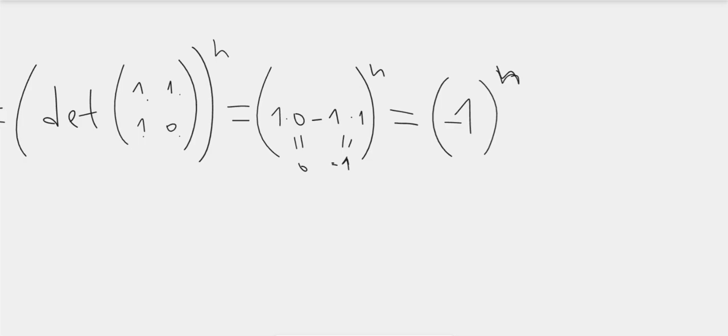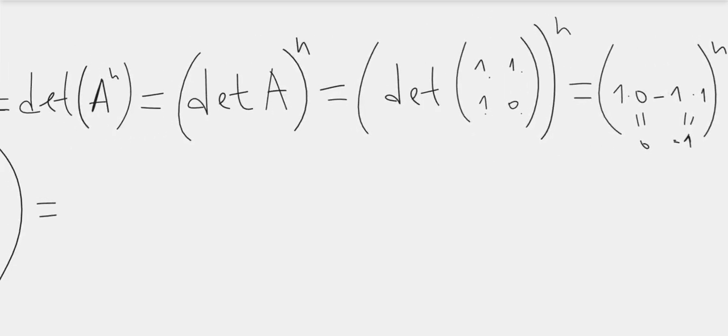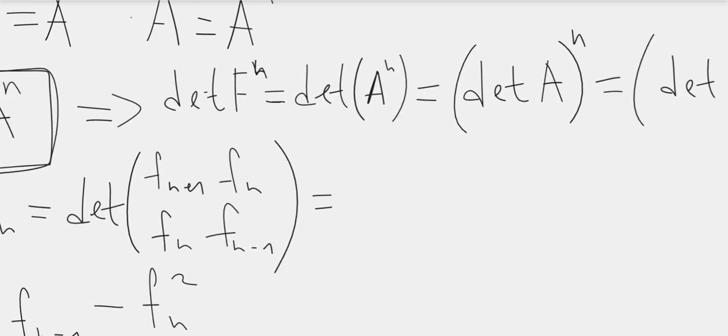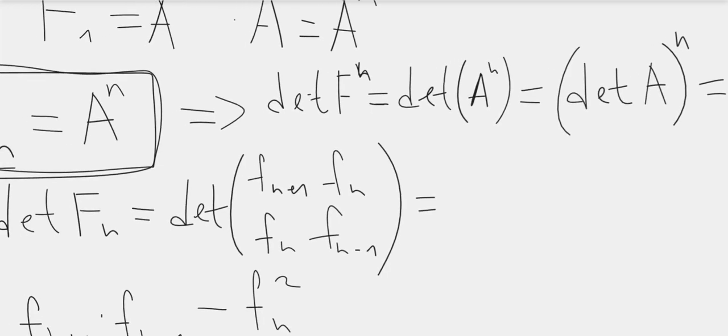So we concluded that the determinant of the matrix A to the power of n, which we calculated directly, is minus 1 raised to the power of n. This is equal to the determinant of the matrix Fn, where n is an index here.